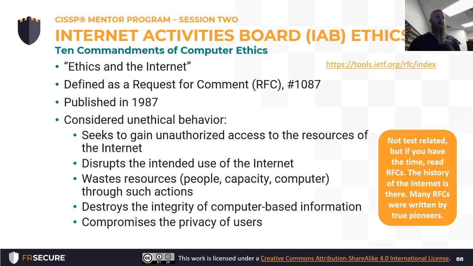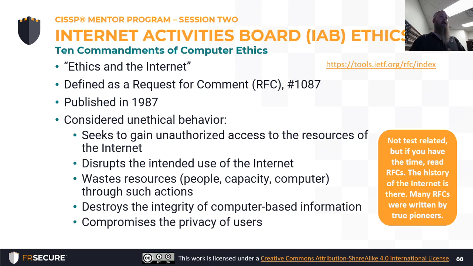So the 10 Commandments of Computer Ethics, or this is the Internet Activities Board Ethics, IAB. And I geek out about this stuff. RFCs are requests for comments, and there's RFCs for essentially every internet protocol. RFCs are written, they govern the internet. So there's a ton of history when you look at the index of RFCs.